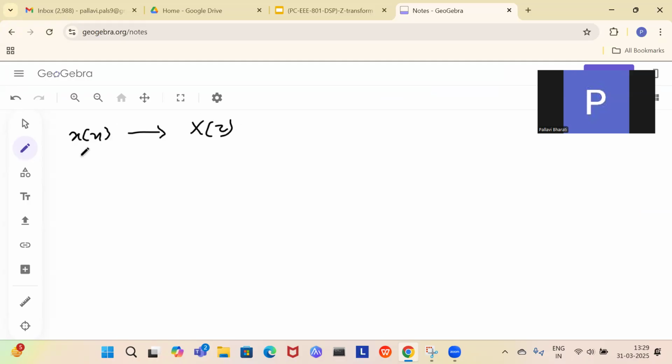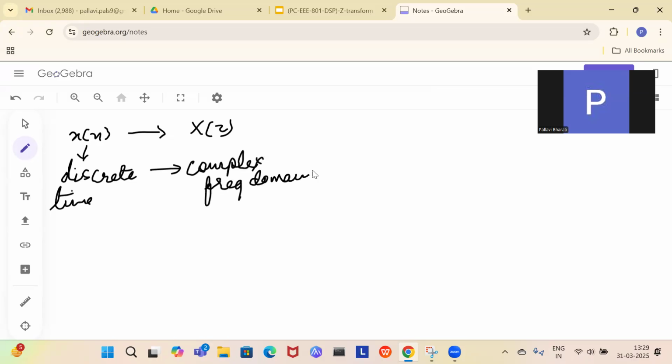This was the time domain, discrete time domain signal. And we converted it into complex frequency domain. Okay, now process will be the inverse of this. We will be having x of z, and we will be converting it into x of n.